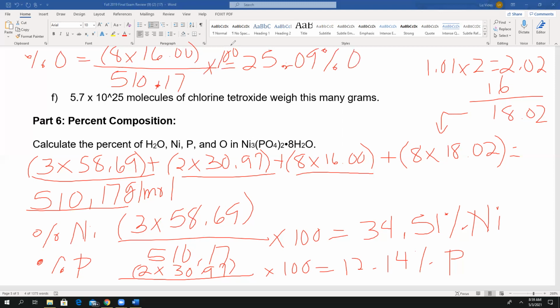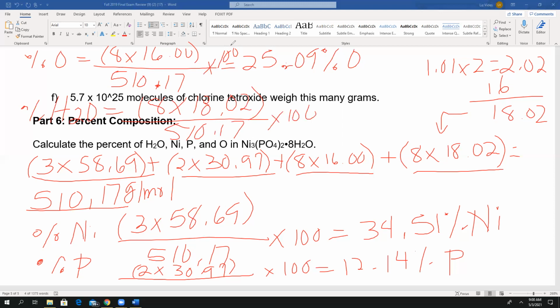And then the last one, which is the water, I'm just going to do on top of this. So percent water is going to be this number: 8 times 18.02 divided by that same 510.17 times 100.